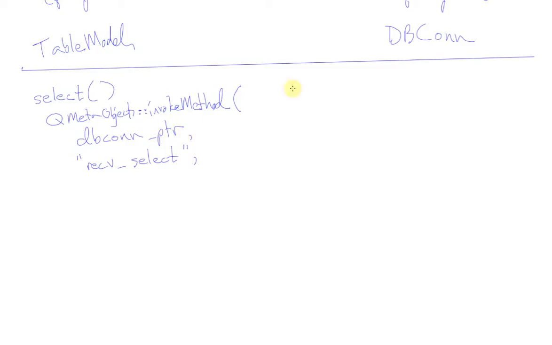So dbcon pointer is going to be the db connection object instance on the db thread, and receive select, even though it's a string here, is the name of the function to call on the db connection object. And we are going to pass to it this, which is the address of the specific table model that we want to have the return data sent to.